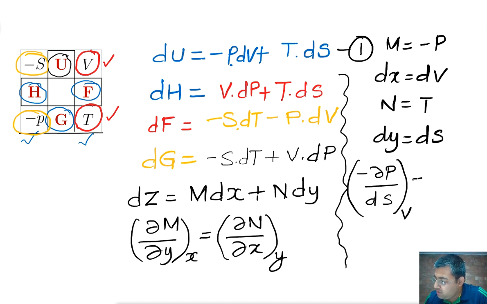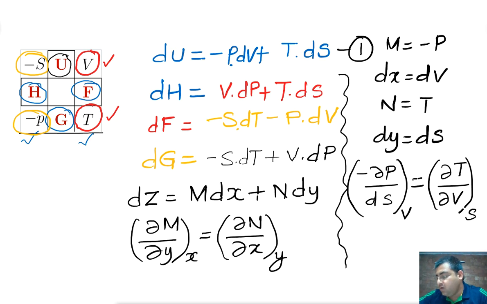It will be equal to dou n by dou x. N is t, so dou t divided by dou x will be dou v, for constant y. What is y? y is s.